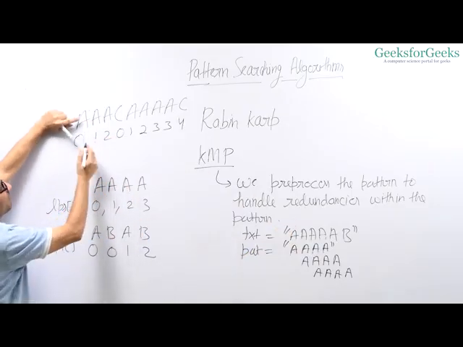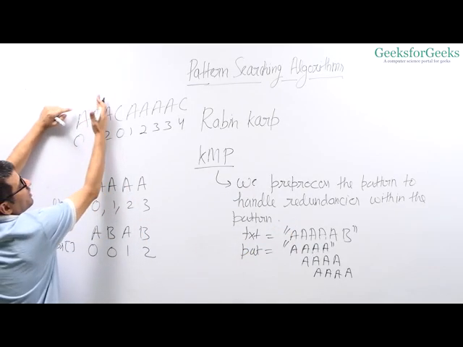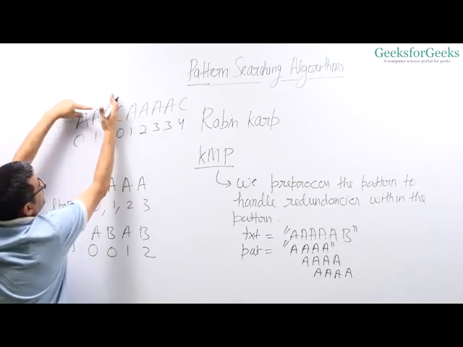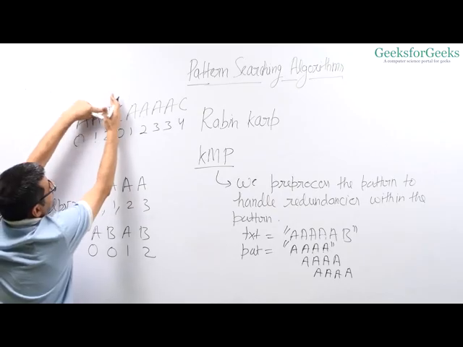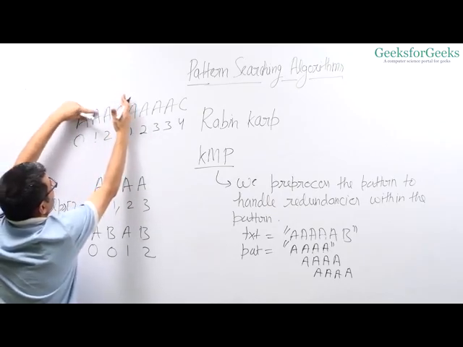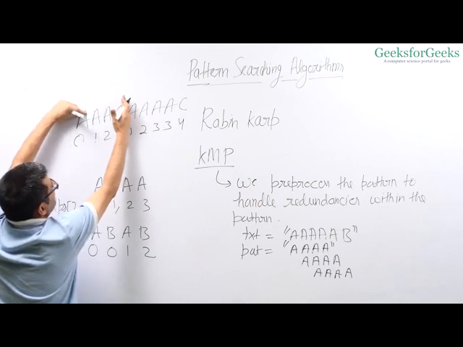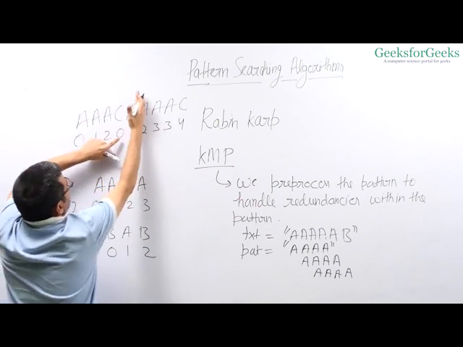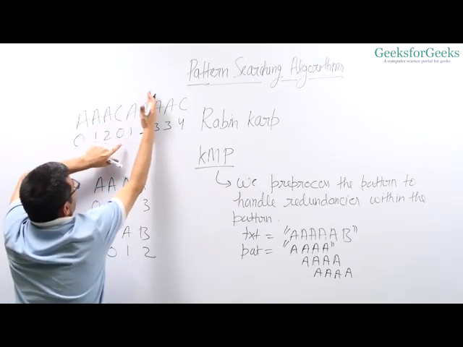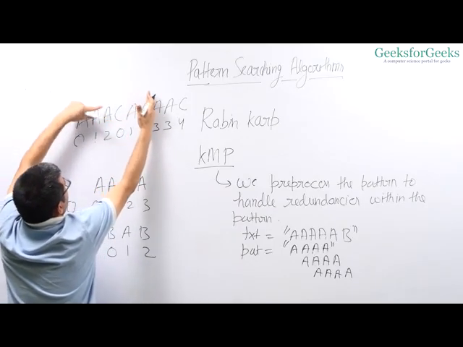Let's take this example. First always 0, longest proper prefix 1, also suffix 1. Longest proper prefix AA, also suffix. Longest proper prefix AAA, not suffix. AA, not suffix. A, not suffix. 0. So A is the longest proper prefix, which is also suffix. AA is the longest proper prefix, which is also suffix.